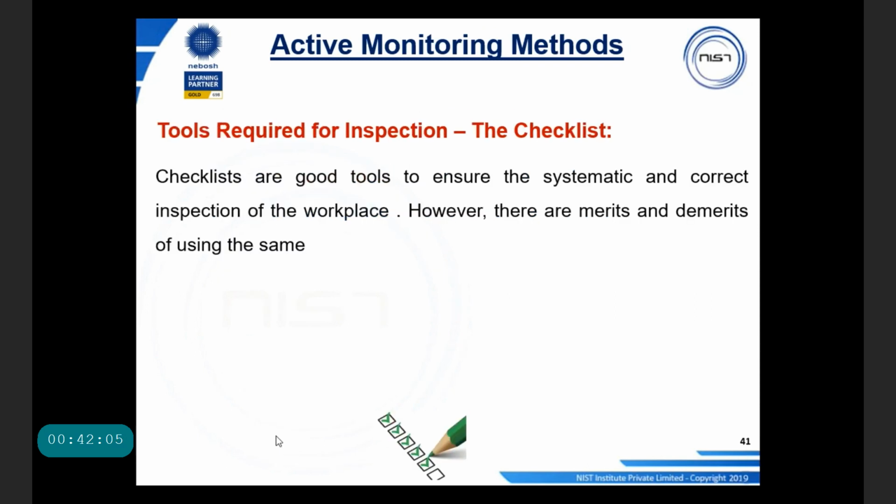Some tools required for inspection. No doubt you need an inspector, but for him, this checklist is very useful. So you tell me why a checklist is used during inspection. So that points do not get missed.